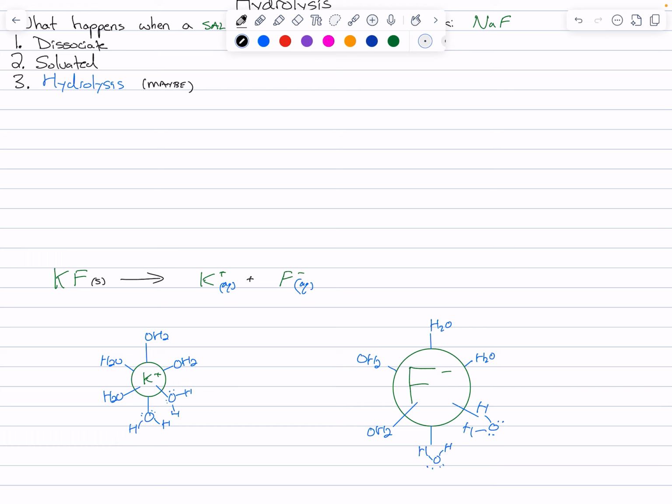So you guys know salts dissolve with almost complete dissociation, provided the solution is dilute and the salt is soluble, right?